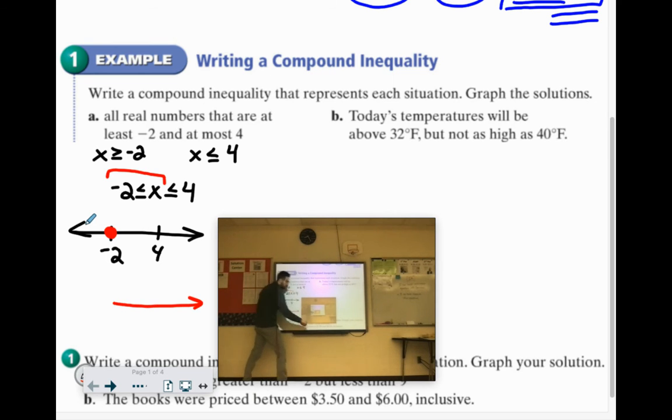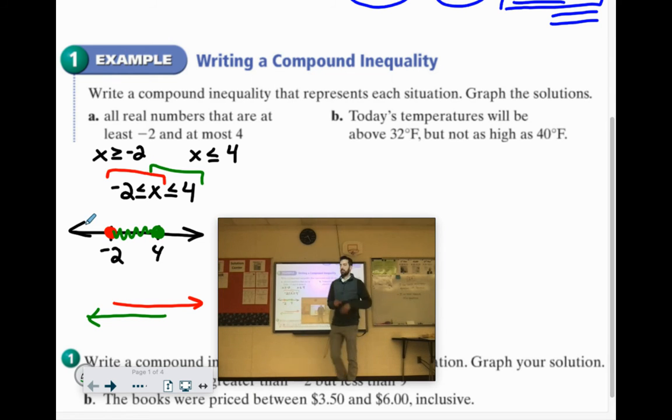The 4 would be a solid dot on 4, shading everything to the left because it's less than that. The reason we shade in the middle is that's the only area where they overlap. Once you get used to the rule: if it's an "and" inequality, you shade in the middle. If it's "or," you shade towards the outsides.